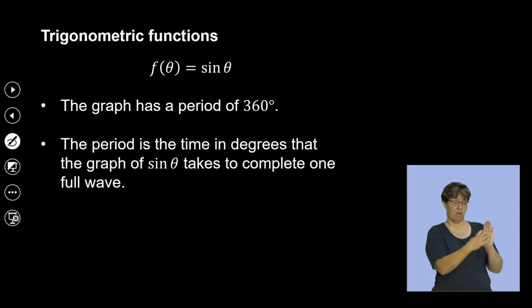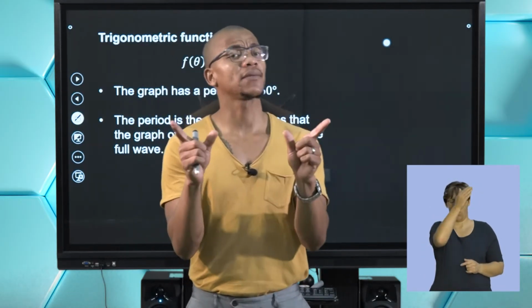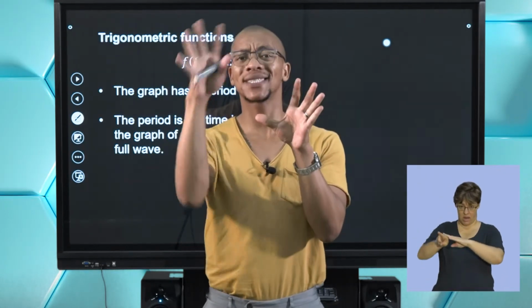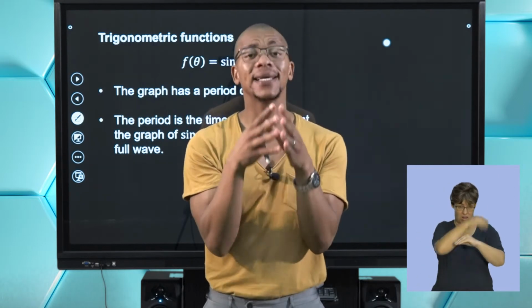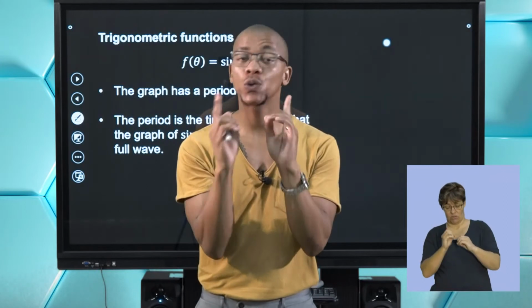And then the graph of sine normally has a period of 360. Now, this brings into light the reason why I was talking about a wave, right? So, for one rotation to take place, or for one wave to be complete, it normally takes 360 degrees to do that.